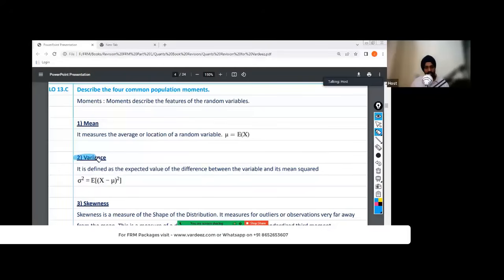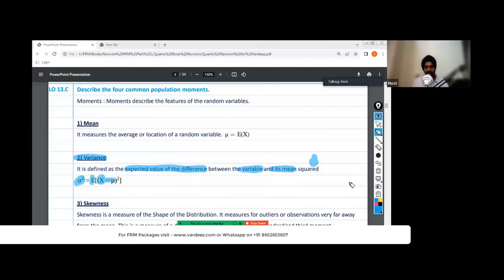What about the second moment? That is the variance. Variance is defined as the expected value of the difference between the variable and its mean, squared. Have a look at the formula. The variance is the random variable x minus the mean, you take the square of it, and you take the expectation of that, the average of all these things.